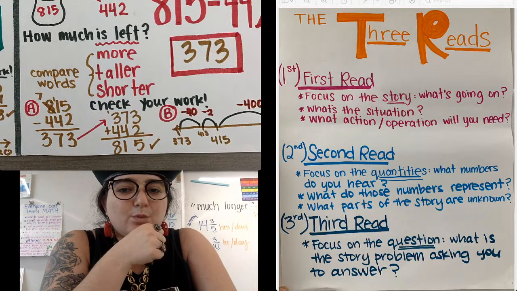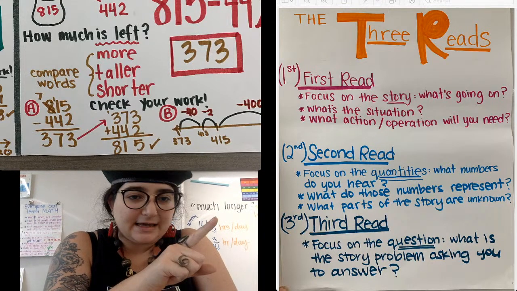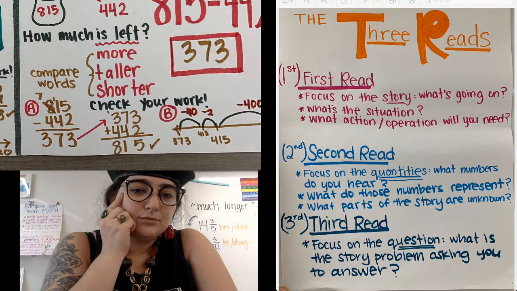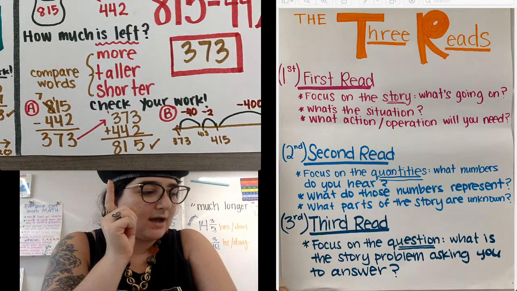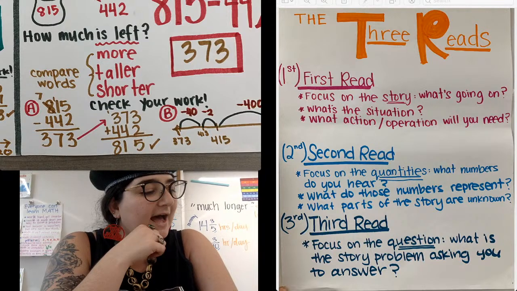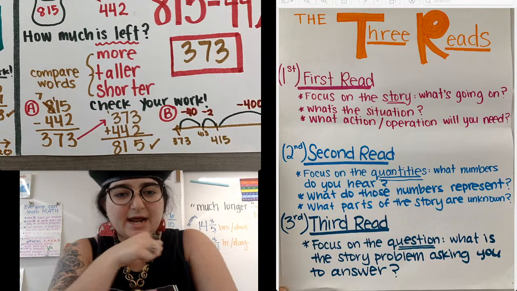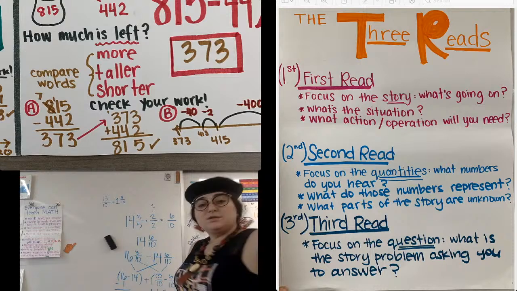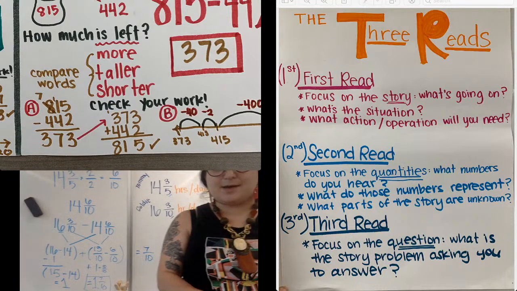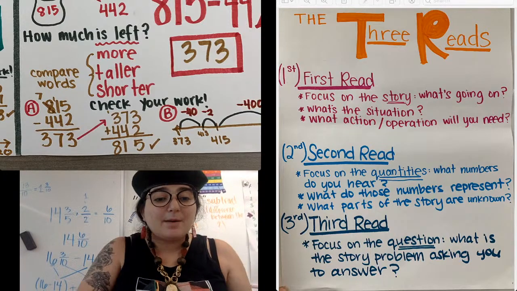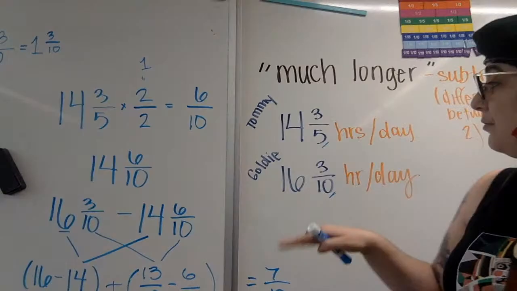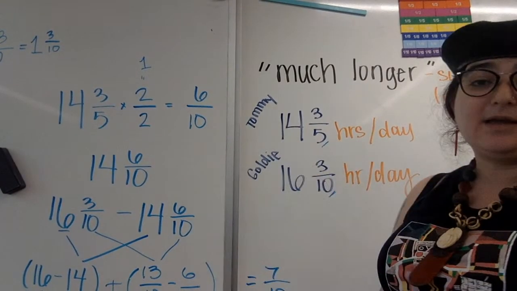Focus on the question: what is the story problem asking us to answer? I'm going to go back and look at our story problem. How much longer does Goldie sleep each day? So this fraction doesn't just represent a number, it represents how many hours Goldie slept longer than Tommy.